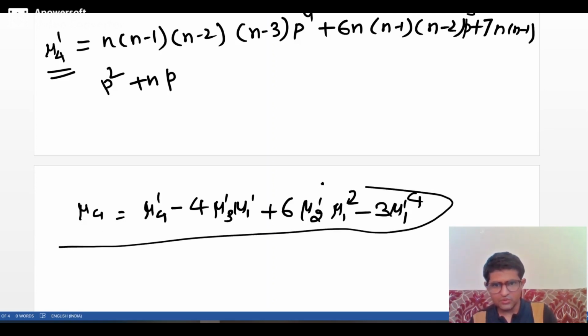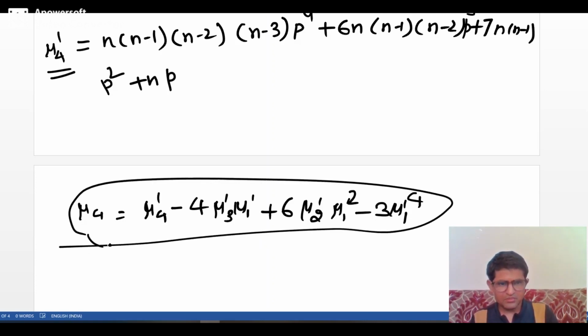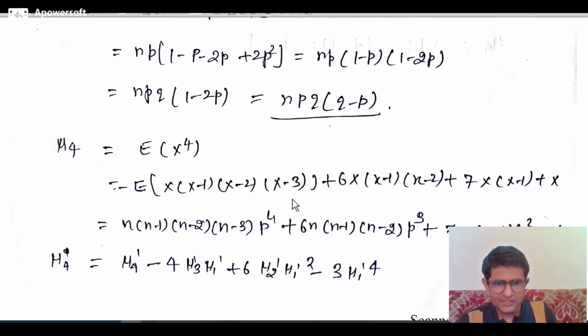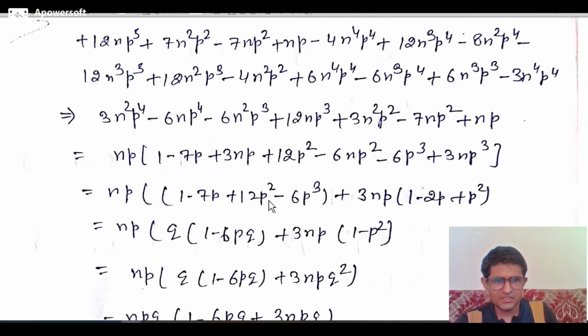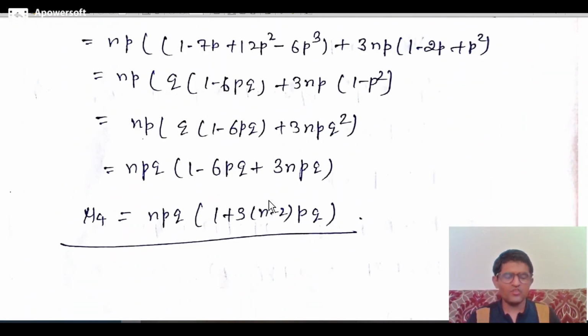Putting all these values in this expression and simplifying, you find the value of mu4, the fourth central moment. Okay guys, hope you understand the values of all of mu1, mu2, mu3, mu4 with the help of the probability mass function of binomial or Bernoulli trials.